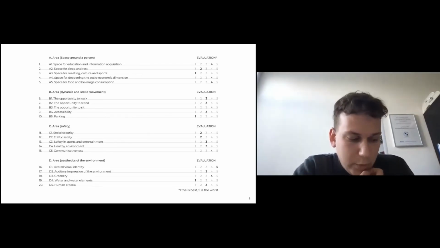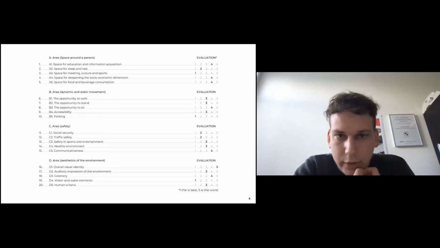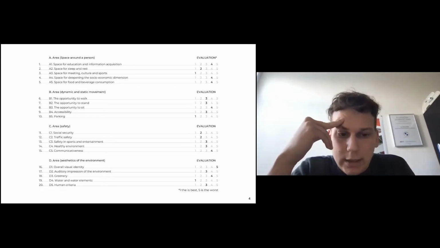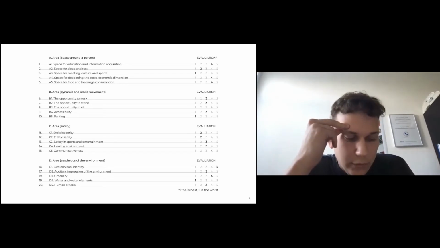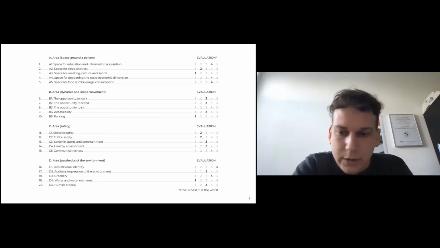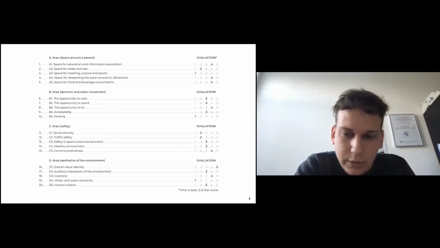Each of these attributes is rated from 1 to 5, where 5 is the best or the most, and the full number of points is obviously 100 because we have 20 attributes. So we can very easily transform it to the percentage.